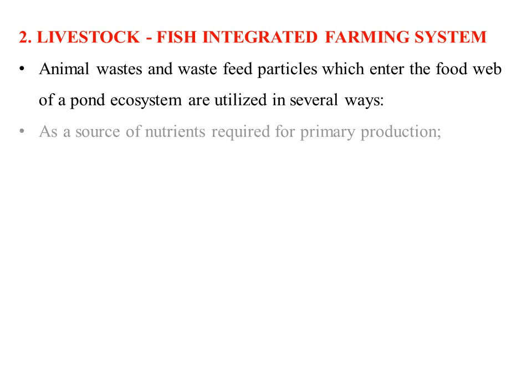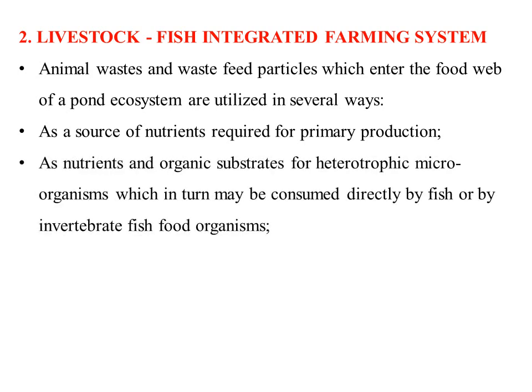They can be utilized as a source of nutrients which are required for the primary productivity in the pond, and they can also act as a nutrient and organic substrate for the heterotrophic microorganisms, which in turn may be consumed directly by the fish or by the invertebrates which form the food for the fish, and they can also be directly consumed by the fishes.